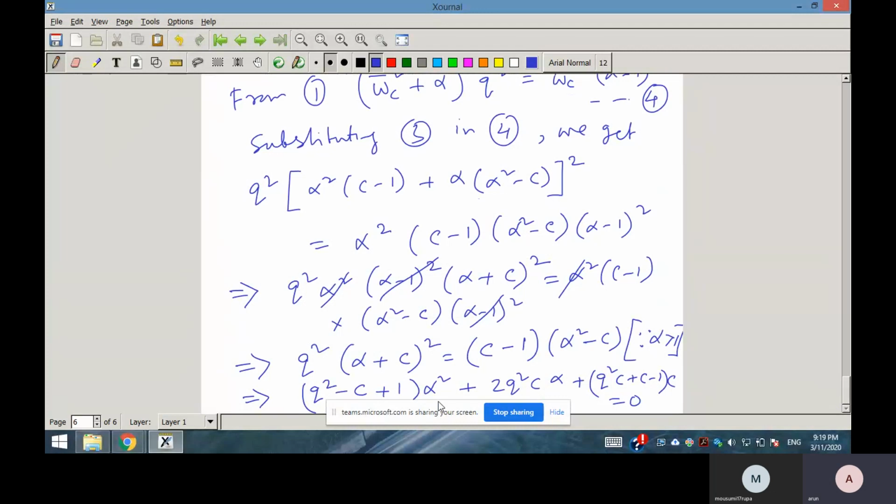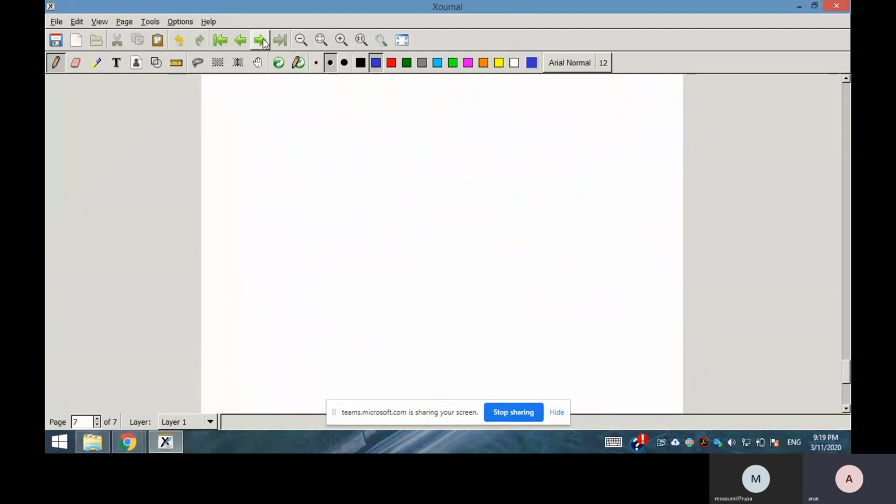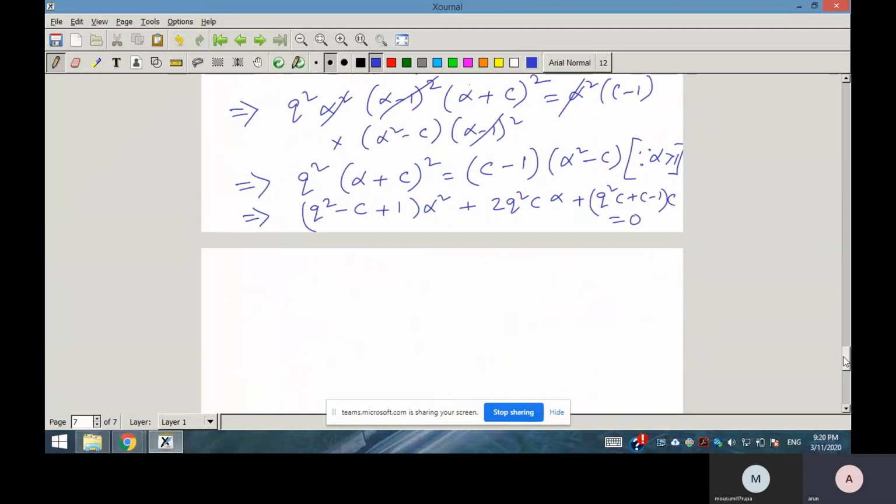So you have to find alpha. But alpha is positive. Not only positive, alpha greater than 1 is needed. So now what is the condition under which a valid solution of alpha will exist? That you have to find. Suppose this is equation number 5.